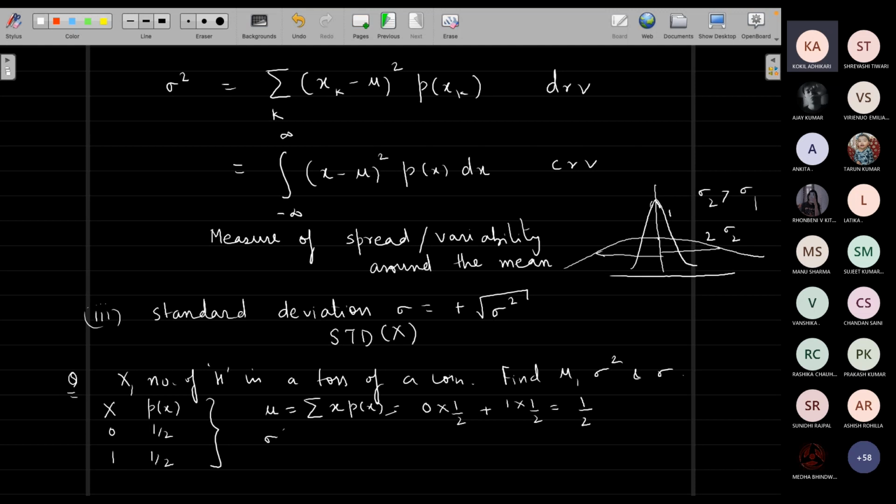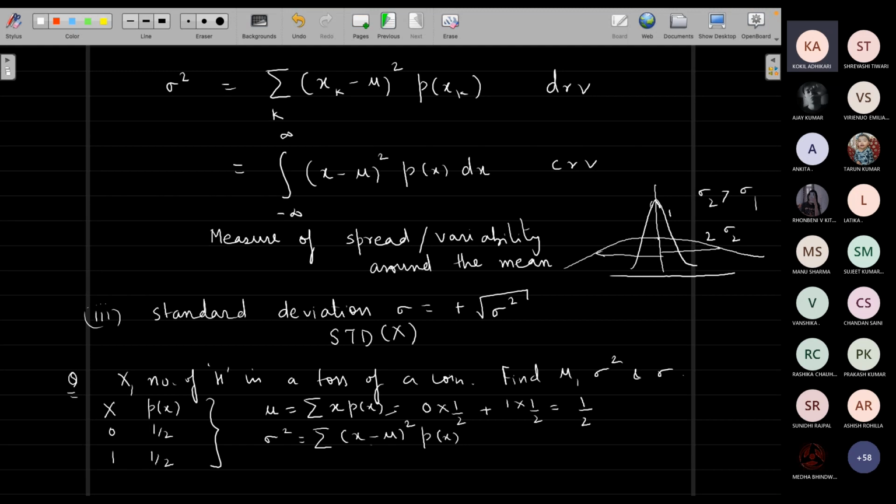And what will be sigma square? Do this: x minus mu, now that you have got it, times p(x).